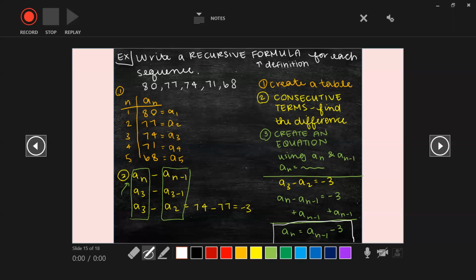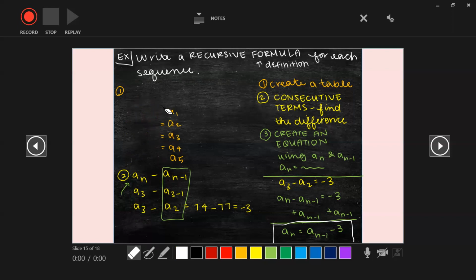So on your own paper, I want you to write a recursive formula or a recursive definition of these numbers. Now we're going to use 10, 20, 30, 40, and 50.